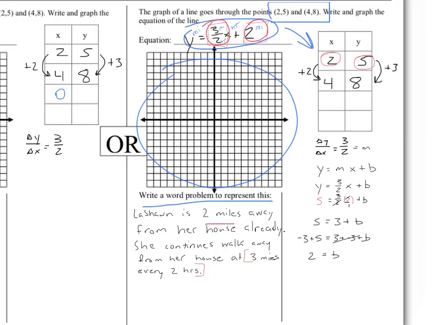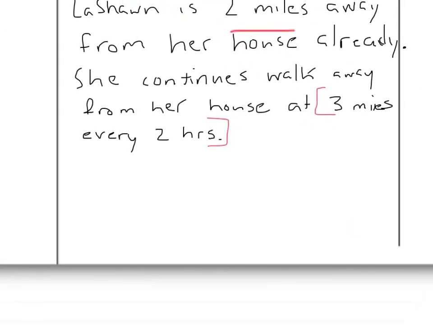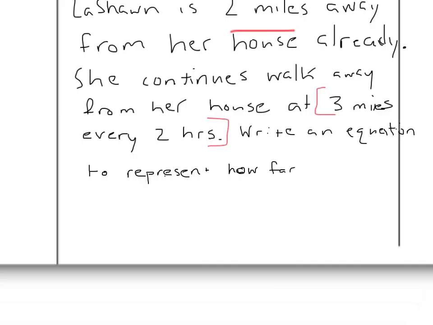So the only thing that I need to do really here is wrap it up really quickly by saying, write an equation to represent how far away (y) LaShawn is after x hours.